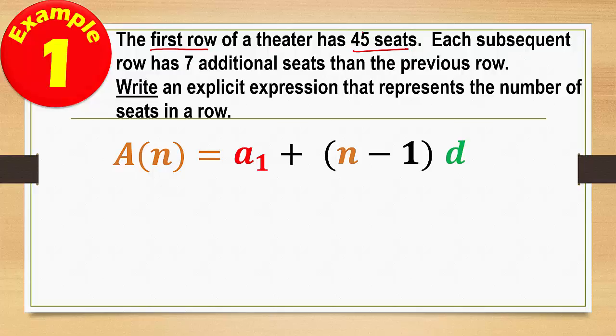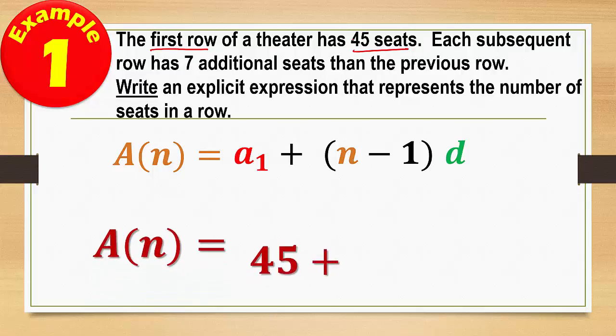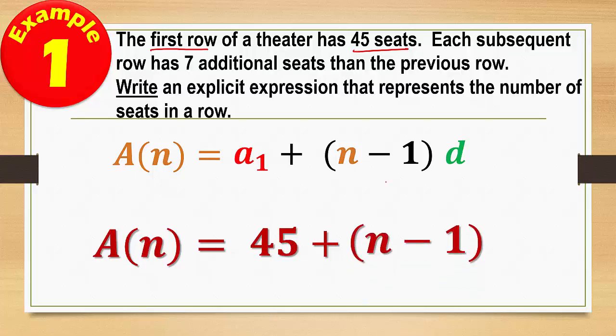So what do you think that first term is going to be? 45, that's right. And each subsequent row has 7 additional seats. Now, since we're just writing a formula and we're not actually finding the number of seats, that part's just going to be there. And the common difference is we are adding 7 additional seats. So we're adding 7, so we're just going to tack that onto the end.